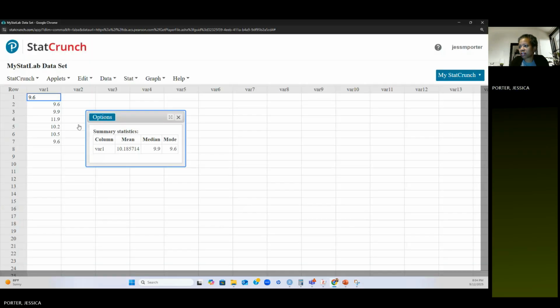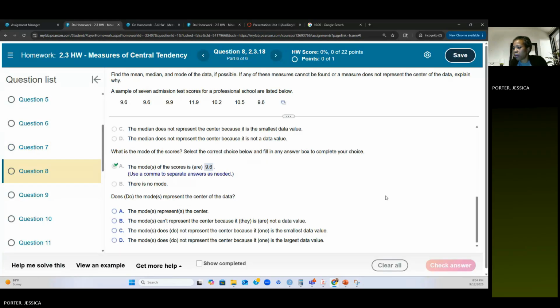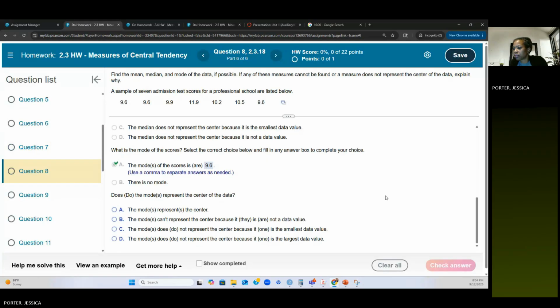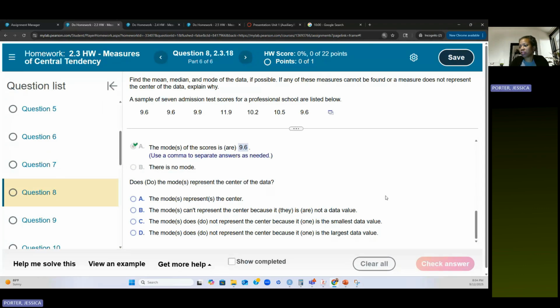Let's look. 9.6 is not necessarily the center. Let me put this in ascending order. Yeah, it's not necessarily the center. Let's see what our choices are.